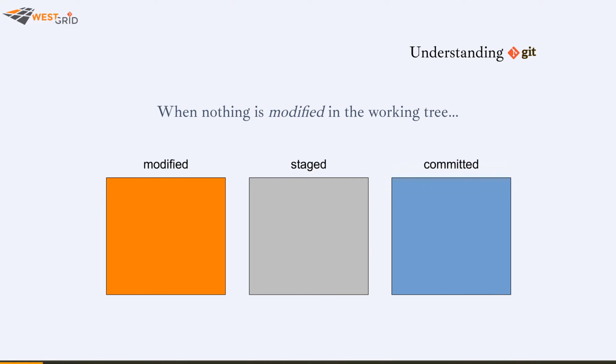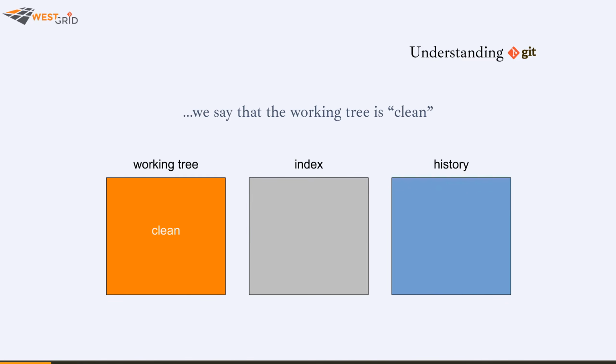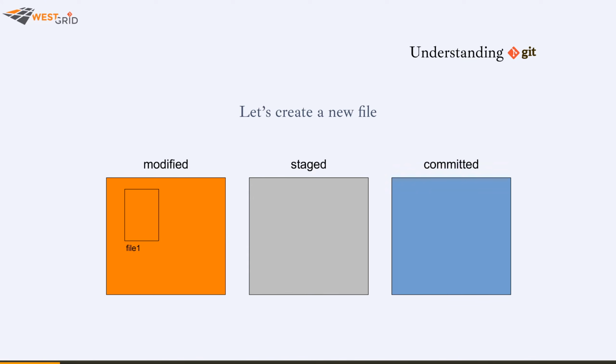When nothing is modified in your project, when nothing has changed in your working tree, we say that the working tree is clean. Now, let's create a new file. Let's call it file 1. That's a modification, obviously. So file 1 will be pointed out by Git as a modified file.